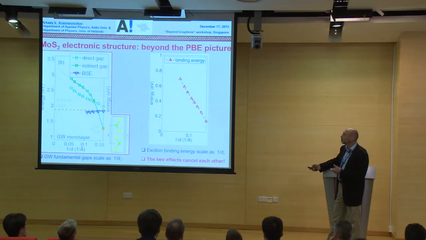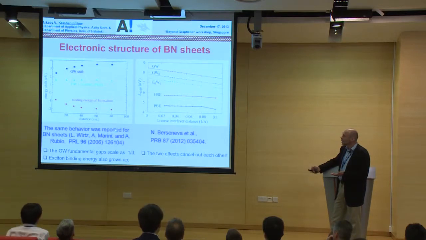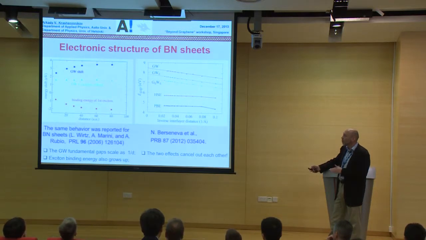We were really quite excited when we got this result, but then we learned there is nothing new in the world, in the universe. Already Ludger Wirtz and Angel Rubio received pretty much the same result for boron nitride sheets. We also calculated, by the way, the gap in BN using sophisticated techniques, even fully self-consistent GW, and the gap value is much larger than the experiments.